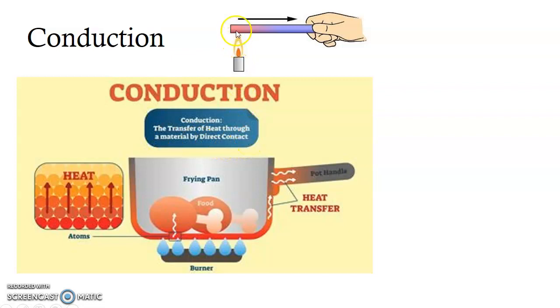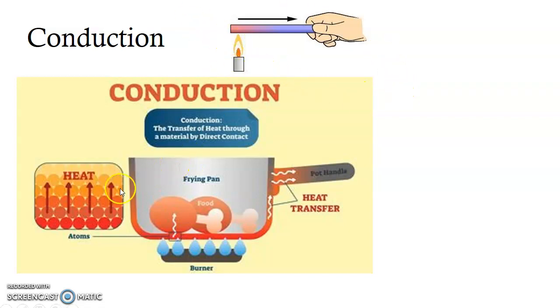So this piece of metal is being heated by this candle. As we see, this metal is slowly heating up because of the candle, right? There's no candle right here, but this area is still hot because of the candle. And more specifically, conduction.